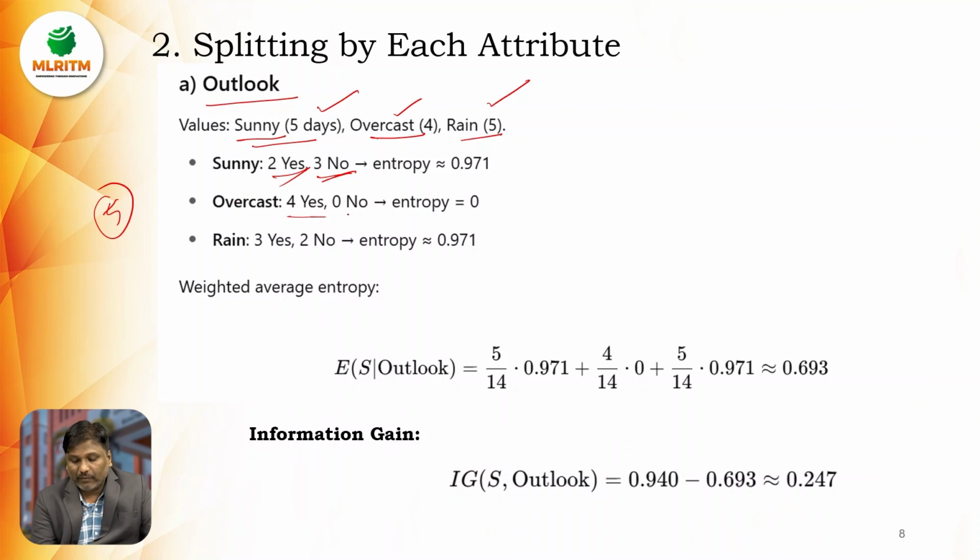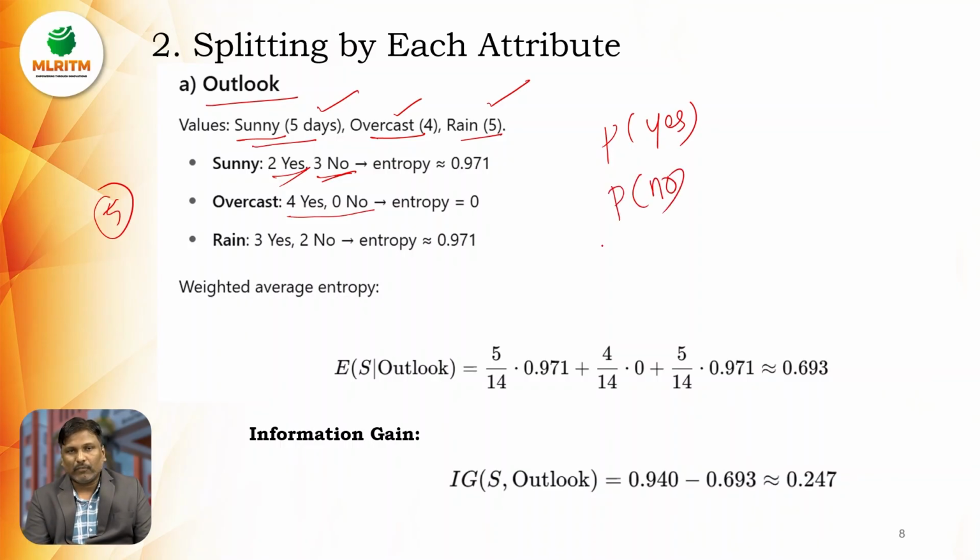Similarly, we try to identify the yes and no counts for the overcast and the rain condition. By knowing these yes and no counts, we can easily identify their probability. That means P of yes and P of no. After measuring these, we try to find out the entropy.